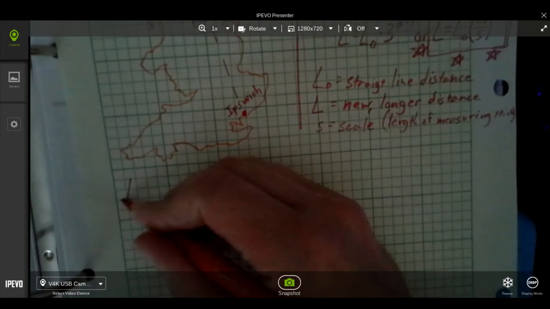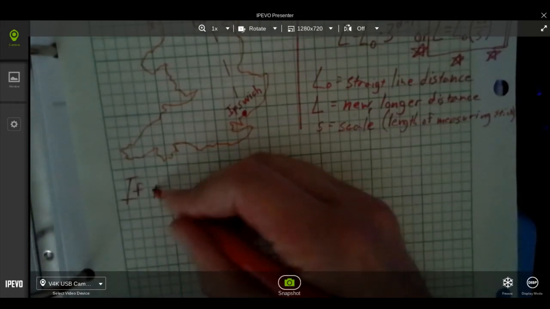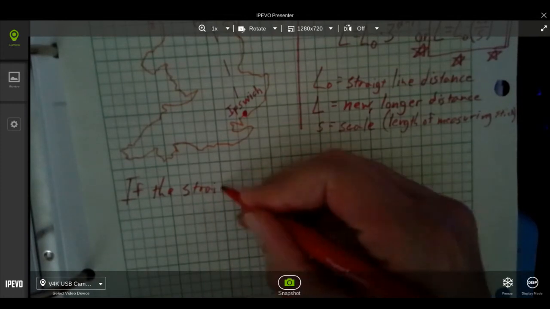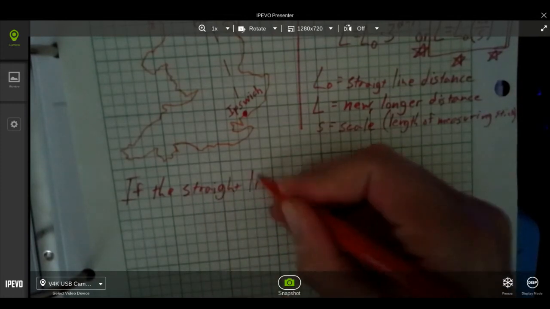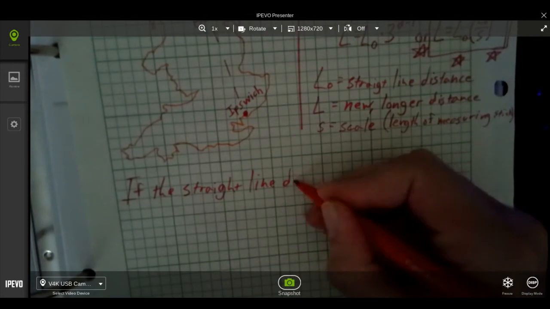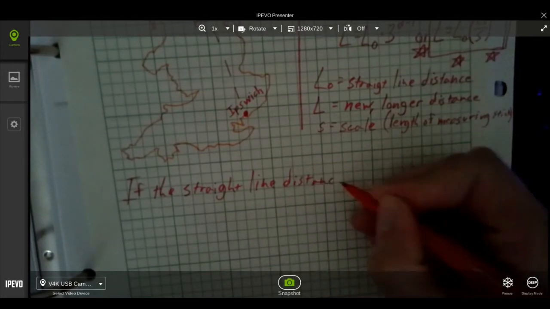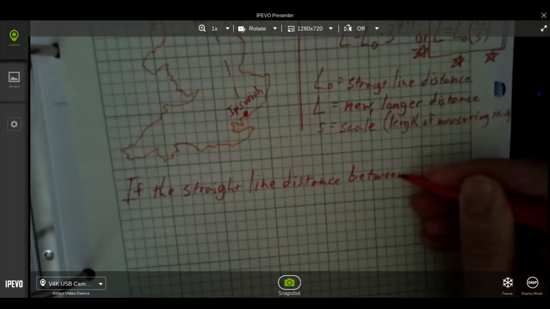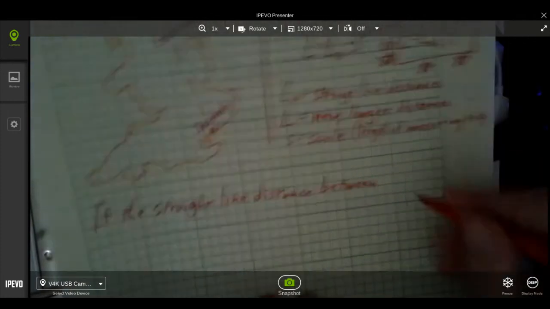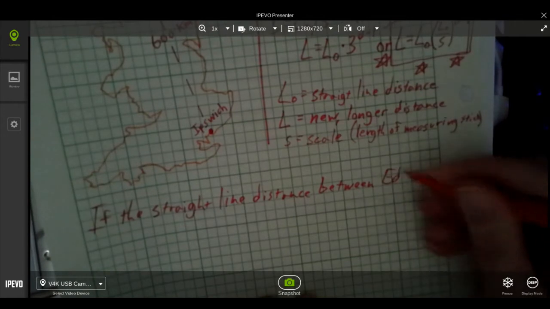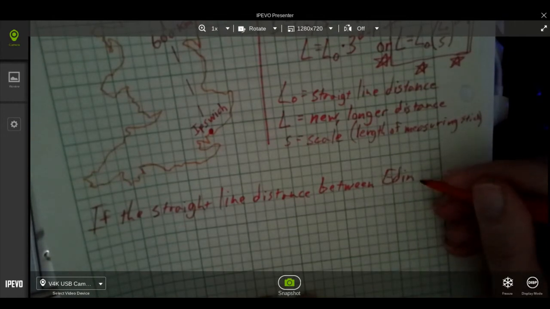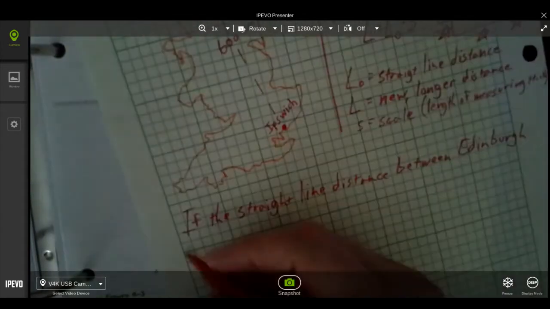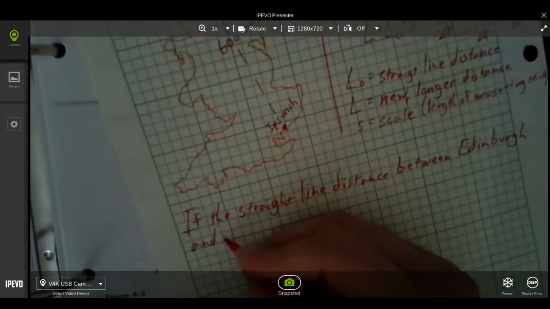So if the straight line distance between, let's see, we have Edinburgh and Ipswich.